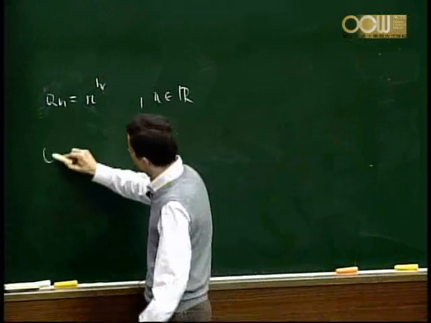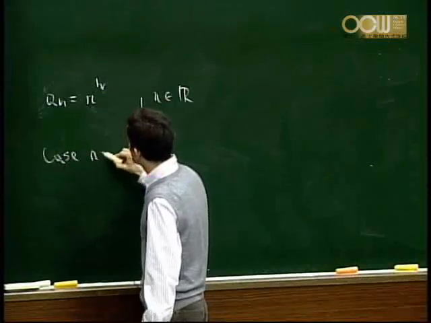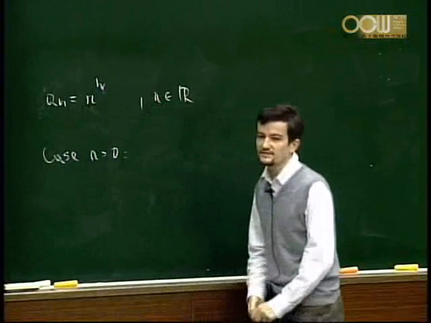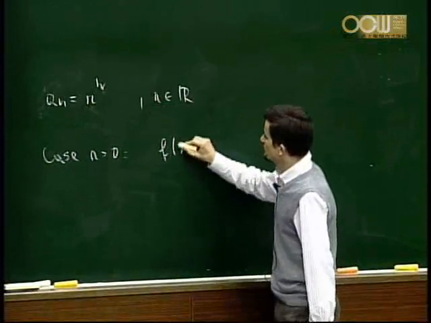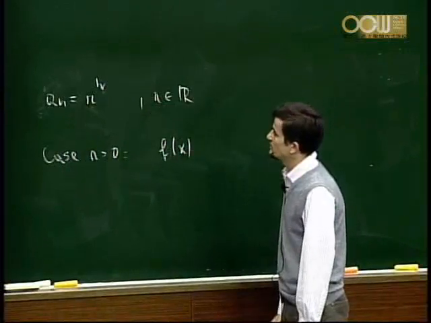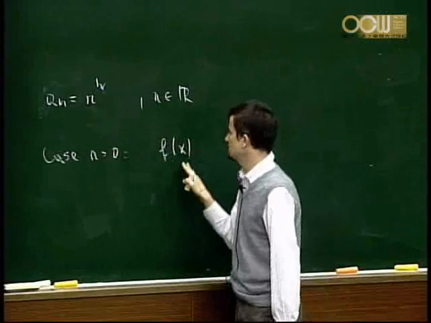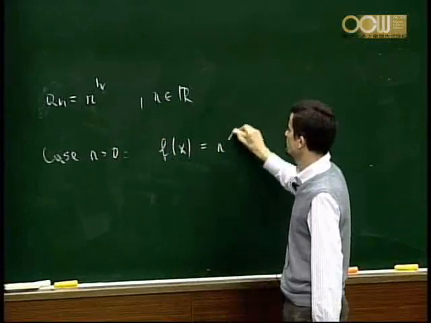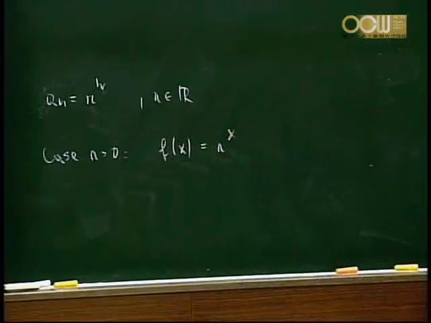You will first naturally consider the case where r is larger than 0, because in this case you can generalize this sequence to the function f of x, which is r to the x, which makes perfect sense here.